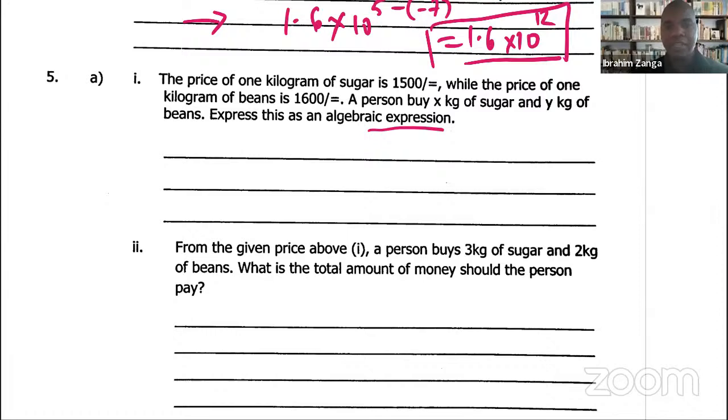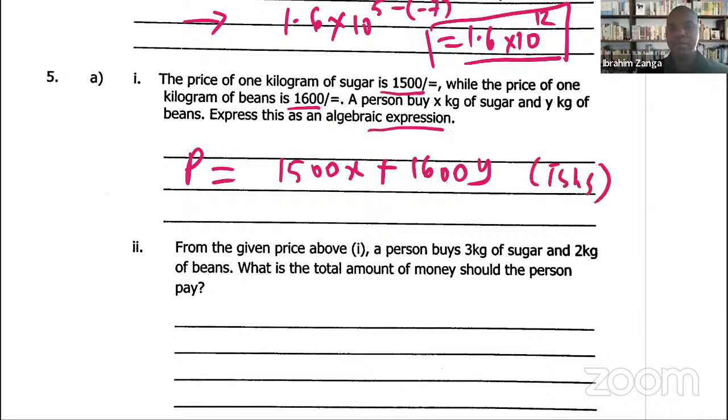Because we were given the price per kg, the price is going to be 1,500 times x plus 1,600 times y. That is the price, and it is in shillings, dear students.